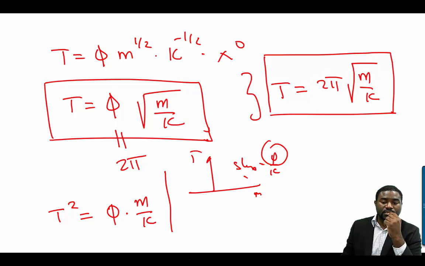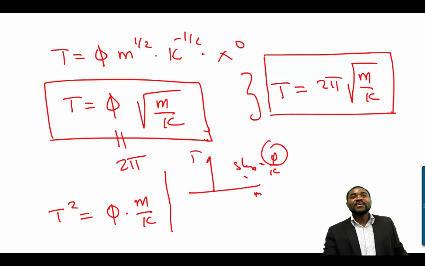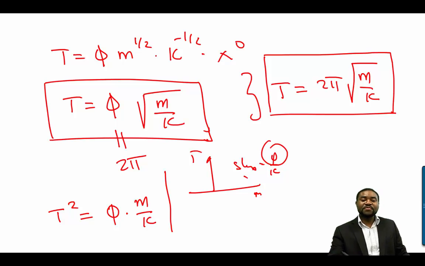But how do you know it's 2 pi? All right, good question. Please listen. I like that question because it gives you the limitation of dimensional analysis.